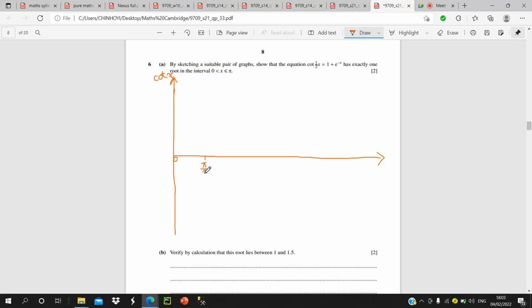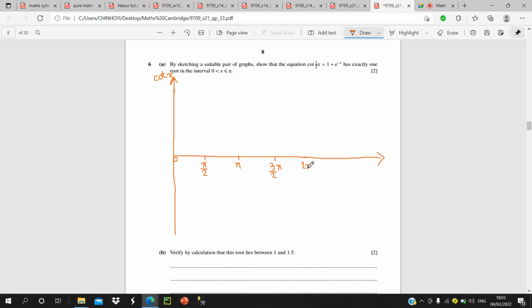Yes. Then 180 is pi. Then the other one is 3 over 2 pi. Then we will have 2 pi.